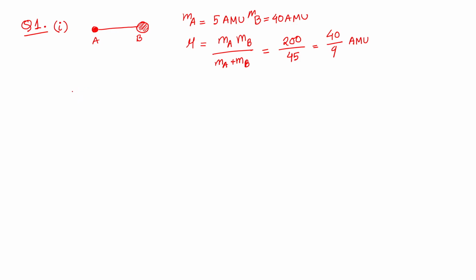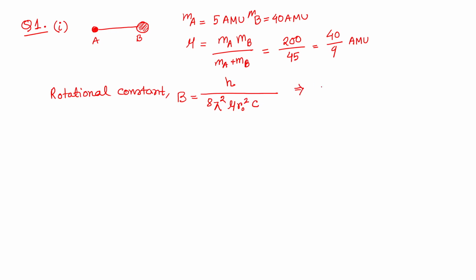Now we have the rotational constant B equals h, the Planck constant, by 8 pi square mu r naught square c, right?